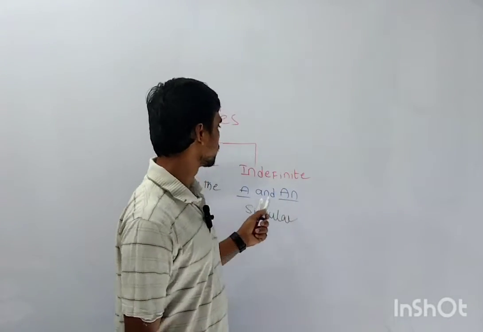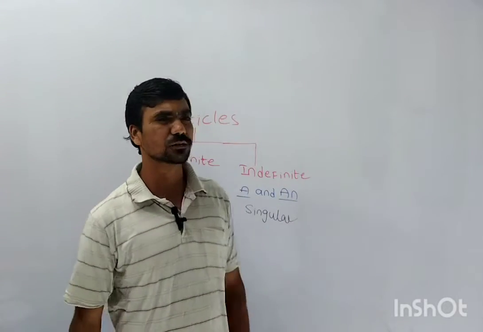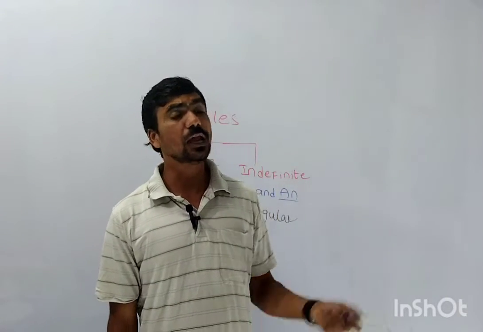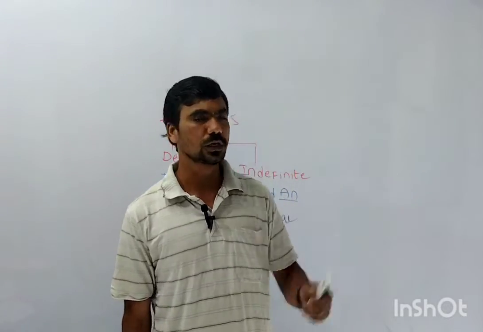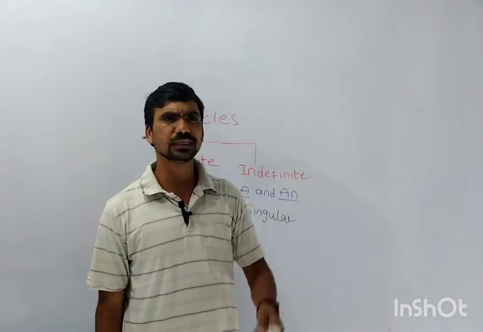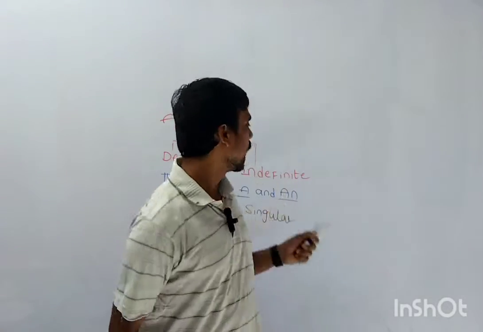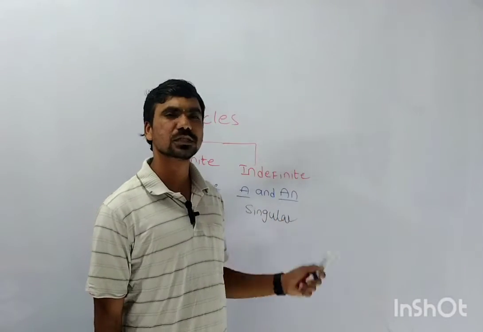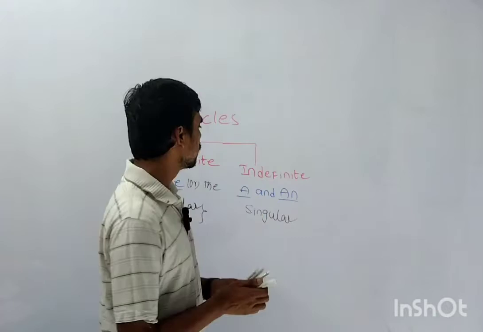Now, how to use "an"? For example: an Indian, an aeroplane, an elephant, an apple, an ink bottle, an African, an Australian. So I told you "a" as well as "an", both with singular.